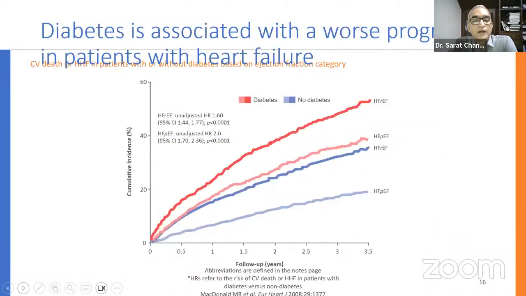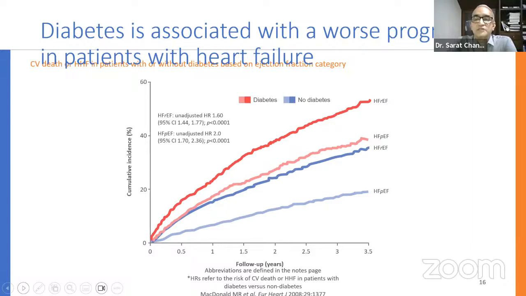Here you see diabetes is associated with a worse prognosis in patients with heart failure. The top two curves represent, over the course of years, the cumulative incidence of adverse effects. They are higher among patients with diabetes, whether they have heart failure with reduced ejection fraction or heart failure with preserved ejection fraction.